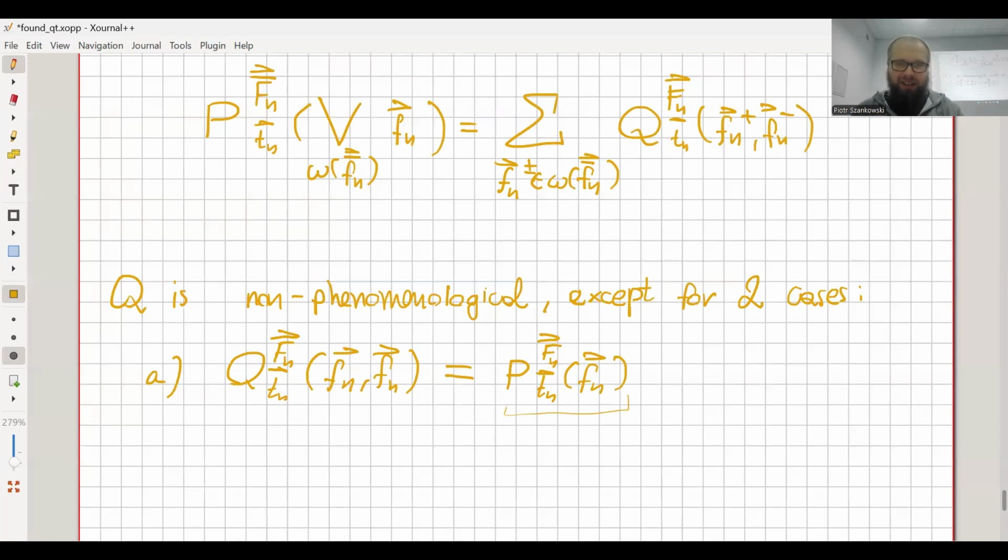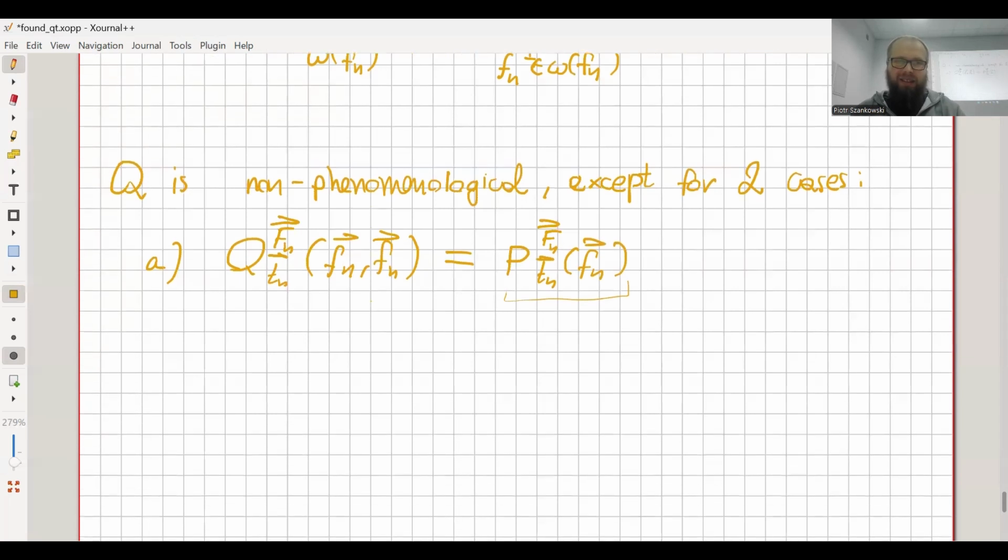And the second case is when you do double slit experiments, but there is only one barrier, so there's only one interference event.